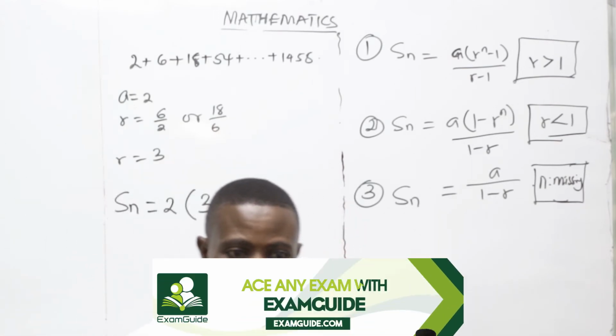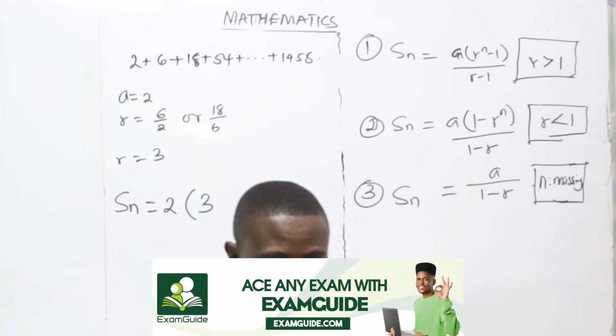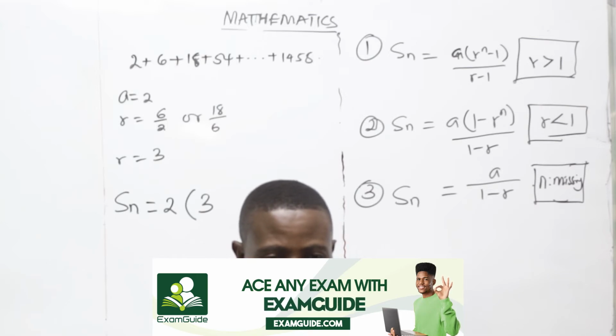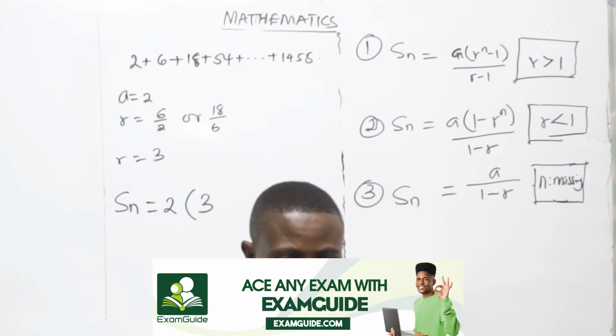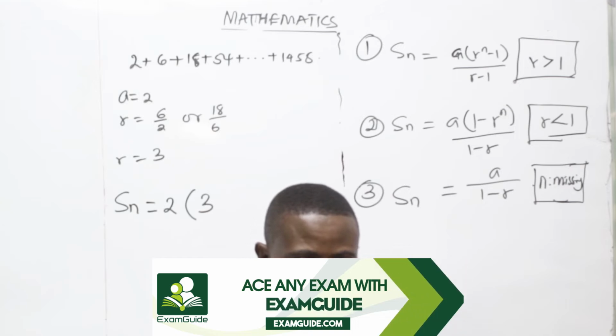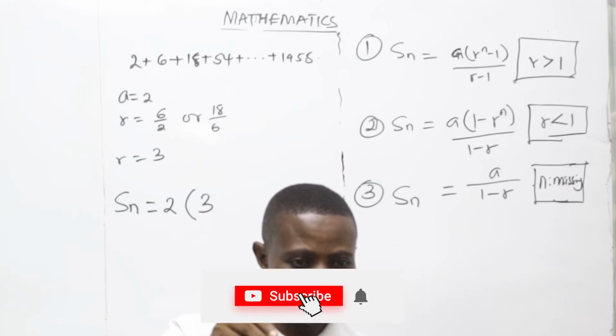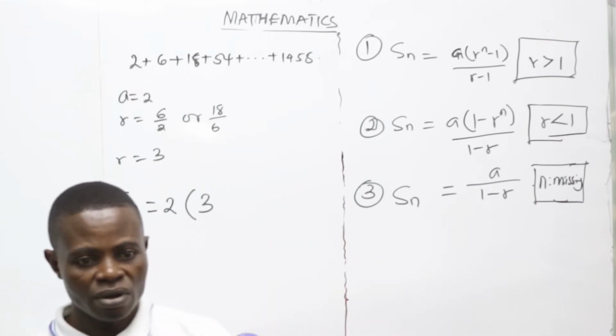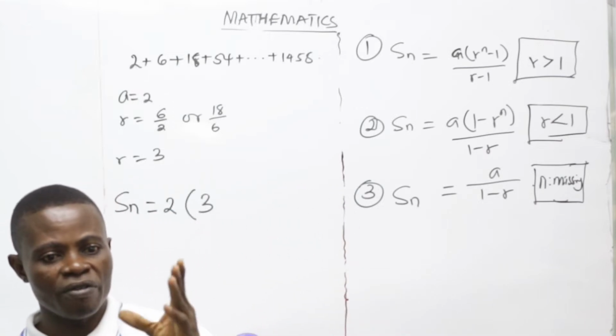Another challenge: we don't know n. So what do we do? You think about how many terms are there from 2 plus 6 plus 18, 54 plus this to 1458.